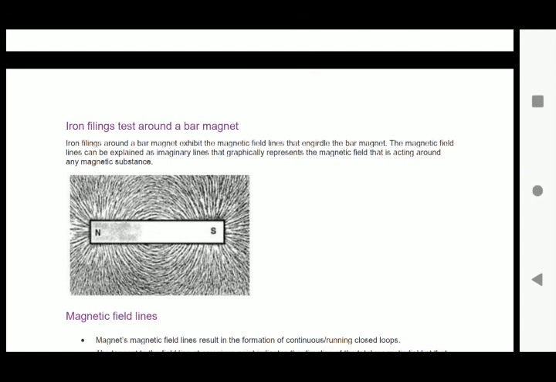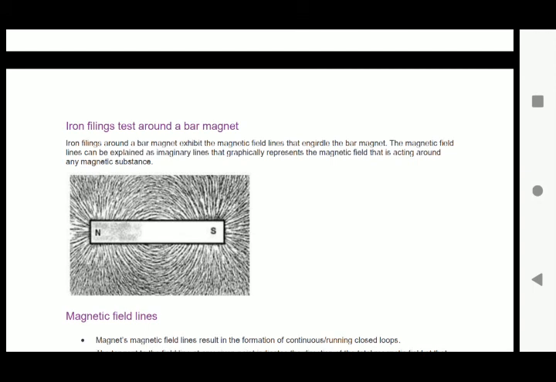Sprinkle some iron filings uniformly around the bar magnet. Now tap the board gently. What do you observe? You can see that the iron filings arrange themselves in a pattern as shown in the figure.